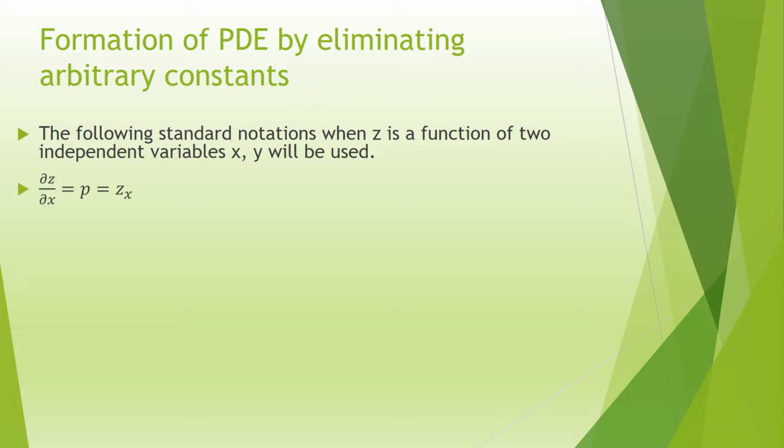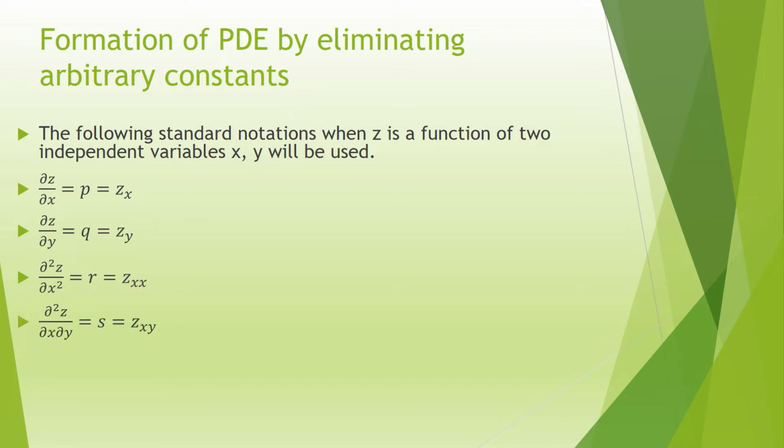Dou z by dou x we denote as p, or in short zx. Similarly, dou z by dou y is equal to q, or zy. Dou square z by dou x square, the second order derivative of z with respect to x, we denote as small r, or zxx.